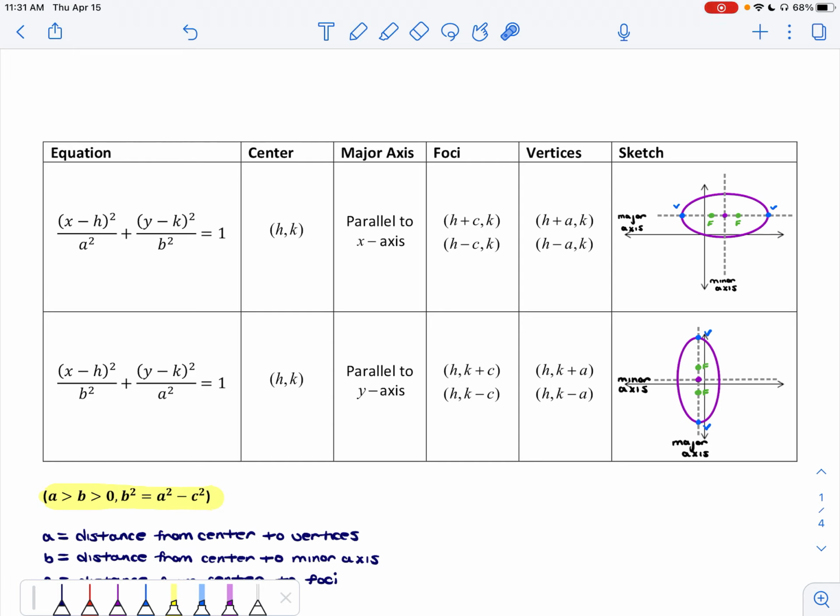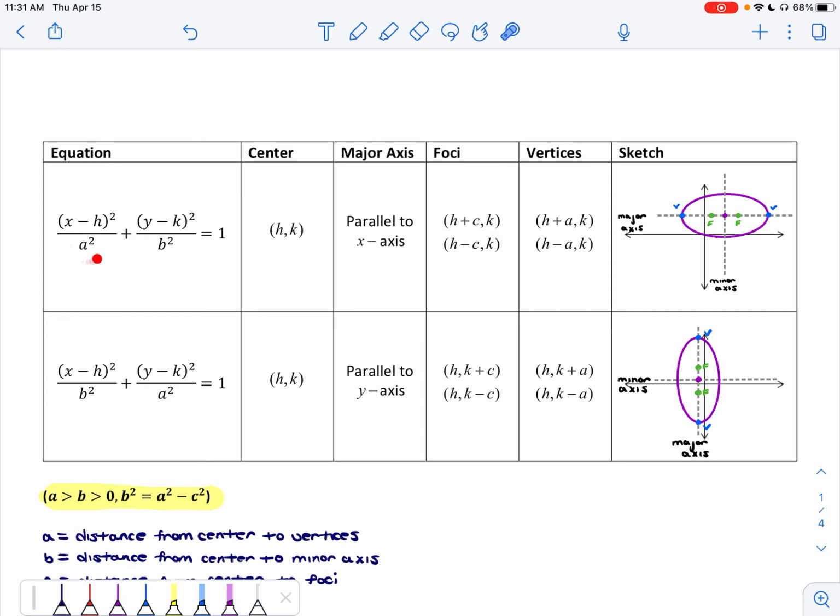So with both of these equations, the h and k is going to tell us the location of the center. And then since a is always the bigger value, basically the location of the a, whether it's under the x squared term or whether it's under the y squared term, that's what's going to tell us whether our major axis is horizontal or vertical.